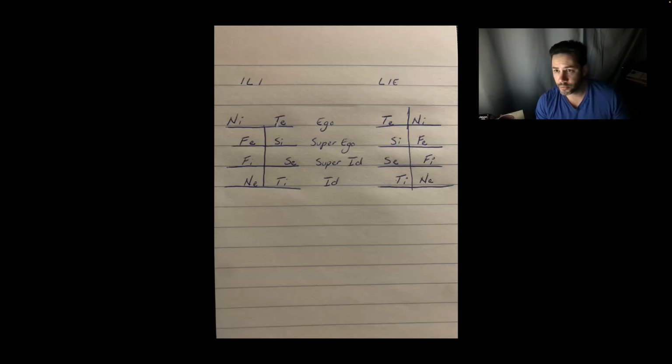Si is a role function for them. So you see the Fe is bad, Si is a role function. Taking care of themselves is sometimes not something they do well. Taking care of their physical space and surroundings, taking care of their body stuff. They don't necessarily do that well, but they can get better at it. It's a role function. They can realize, hey, you know what, every once in a while I need to go out. I need to do a sport or an activity or something like that.